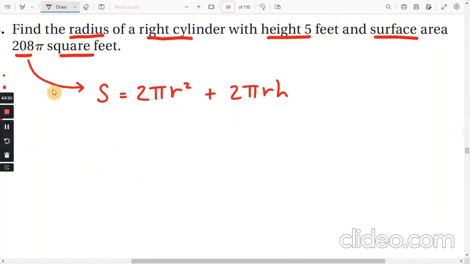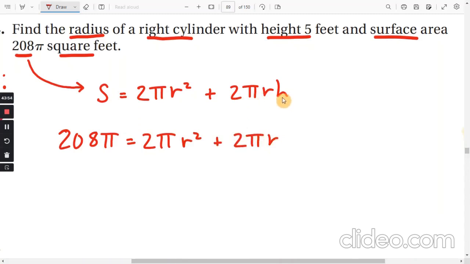All right, so plugging in for the surface area, it was 208 pi. And that equals 2 pi r squared, which we don't know, so I'm going to leave it as r squared. And 2 pi r, again, we don't know r, times the height h, which is 5 feet.